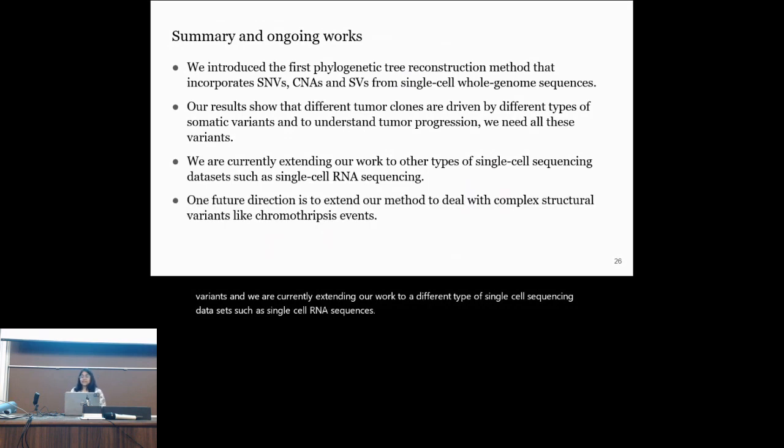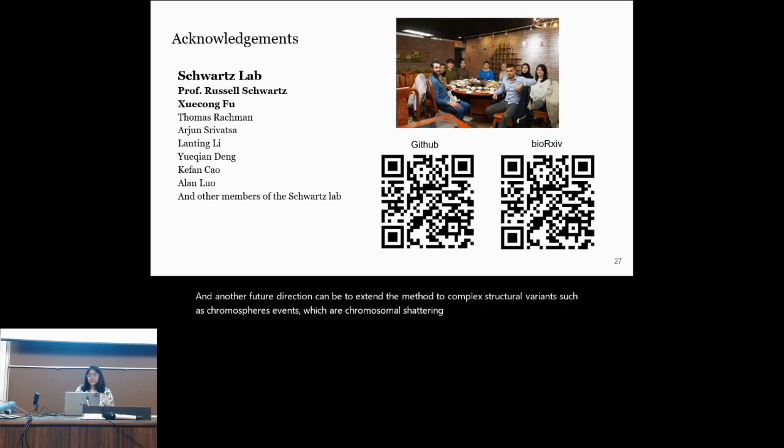Another future direction can be to extend the method to complex structural variants, such as chromothripsis events, which are chromosomal shattering. So with this, I'd like to thank my professor, Professor Russell Schwartz, and Shuetsong Fu, for their great advice throughout this whole project, and the other members of my lab.